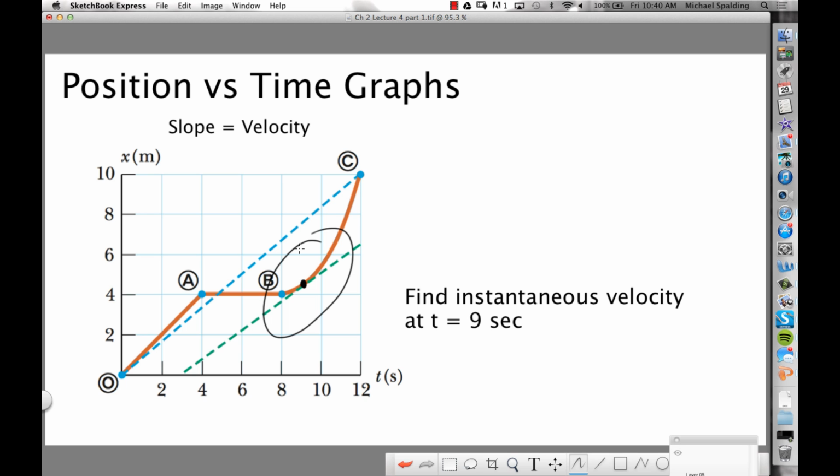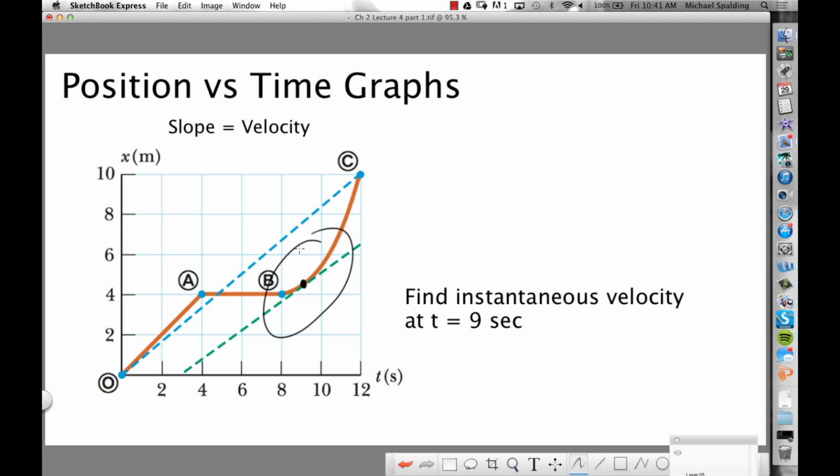So what would the calculus way be? The calculus way would be to find the derivative. Find the derivative at t equals 9. Derivative is a fancy name for slope. Derivative is just a calculus way of saying slope. Okay?